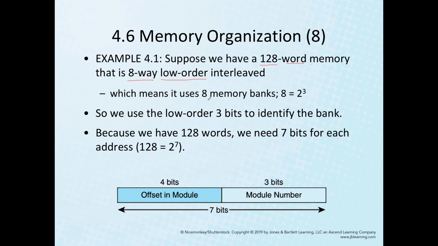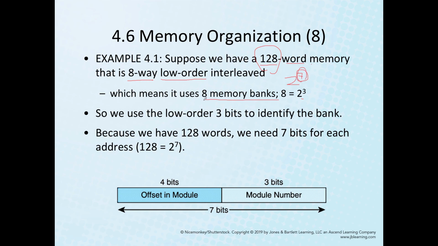This means we use 8 memory banks, which is 2 to the 3, and we use the low order 3 bits to identify the bank. That's low order interleaving. 128 means 2 to the 7, so we have a 7-bit address.